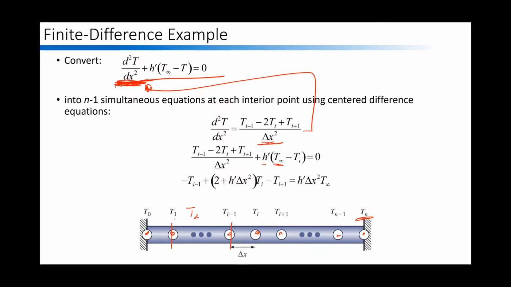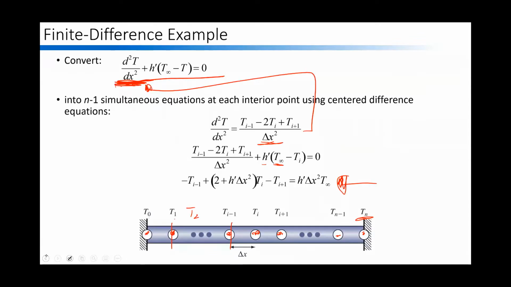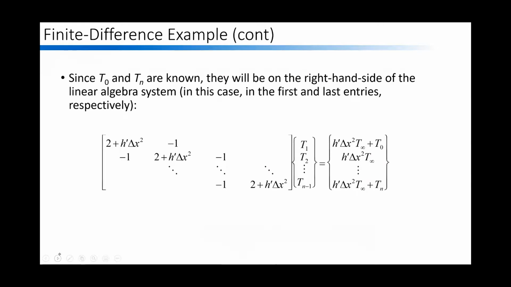For each of these nodes, I'm going to get one equation that looks like this. So I'm going to end up with an equation for every single node that I'm going to consider. And I will point out that if this is linear, I essentially have a set of linear equations. And as soon as I have a set of linear equations, I have matrix math.